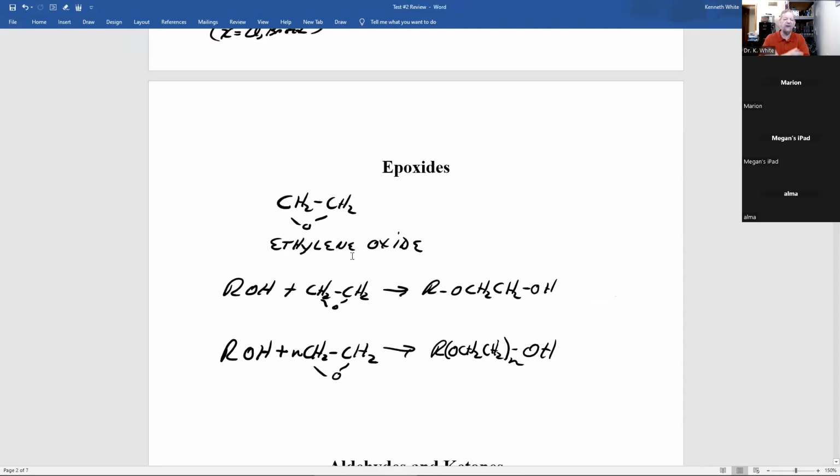Now, next I talked about epoxides. I really talked about one epoxide, ethylene oxide. I'll never ask you on a test or the final what's the structure of ethylene oxide or what's the name of that. By the way, that's a common name. And Dr. White has worked in the chemical industry with ethylene oxide at two separate companies.